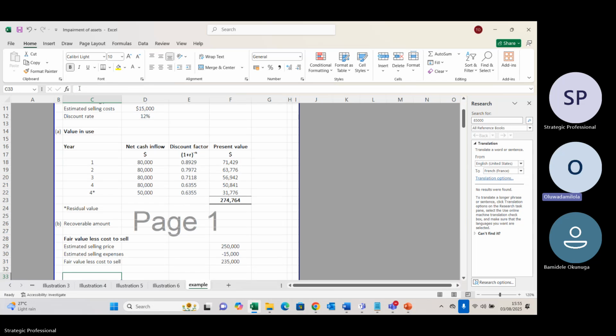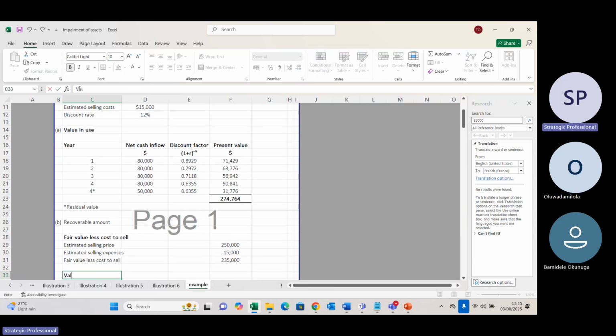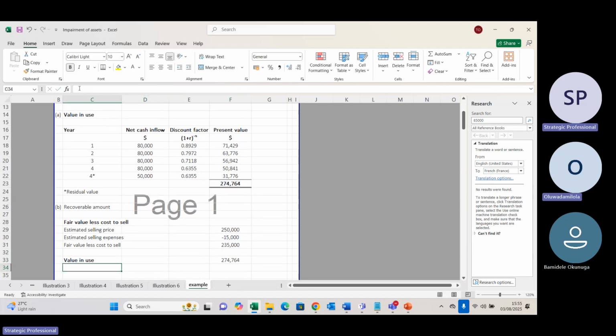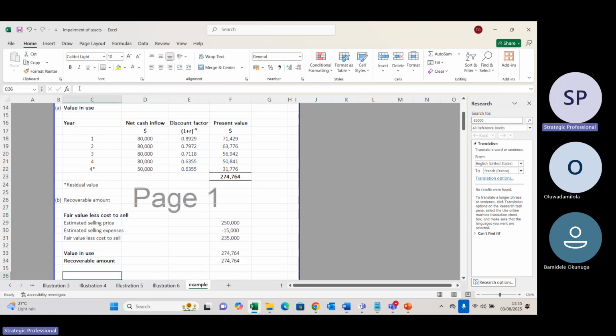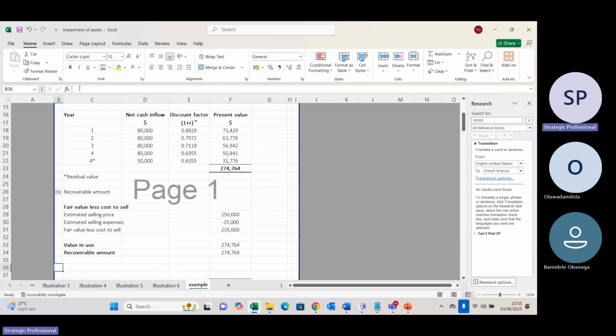Yes. Then value in use. Value in use is this guy, 274. So our recoverable amount is then 274,764. Okay.